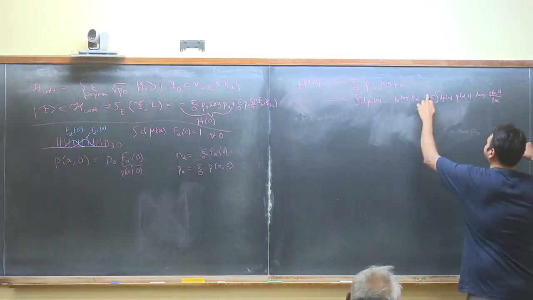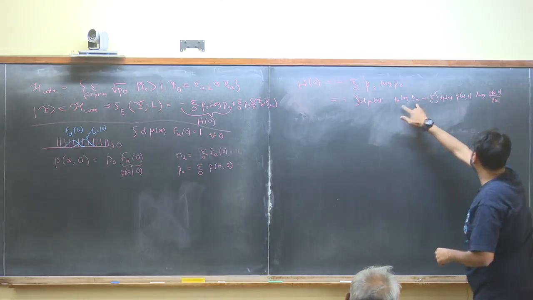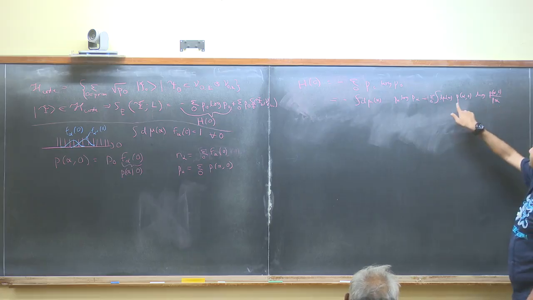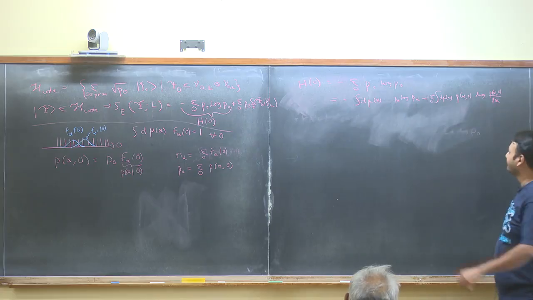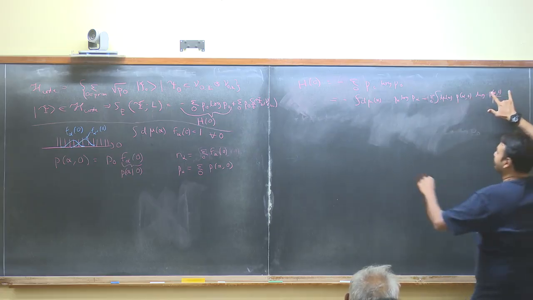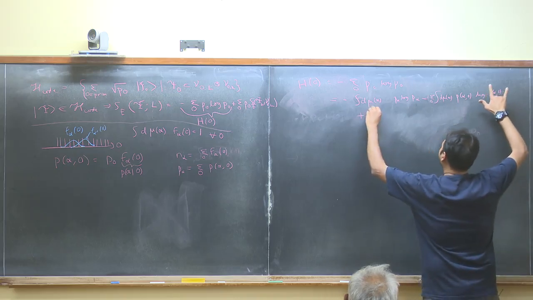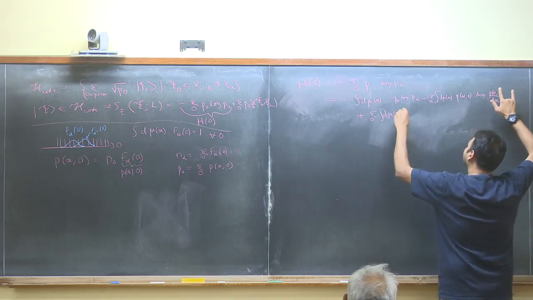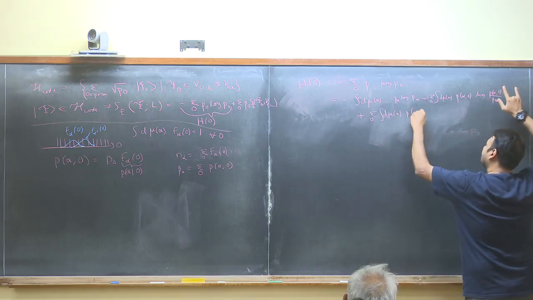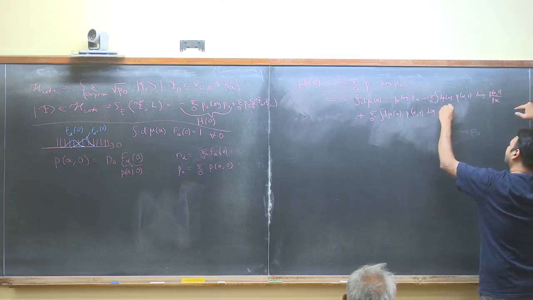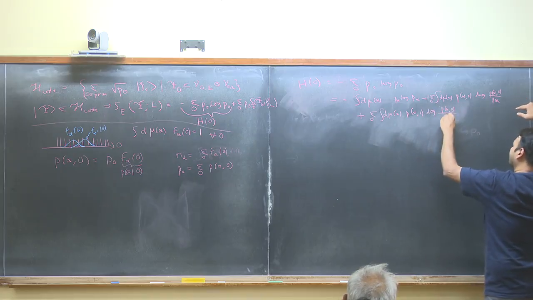So here you see that P alpha log P alpha gets cancelled with this log P alpha here, because when you sum this over O, I just get P alpha. But now I have this P alpha O log P alpha O. I have to get rid of that, and I'm going to do so with P of alpha O log of P of alpha O by P of O.